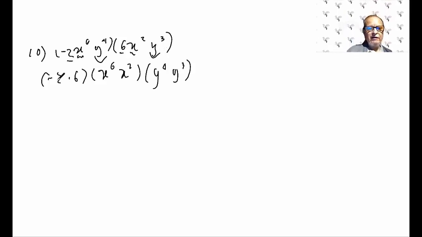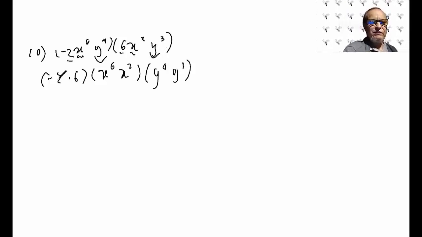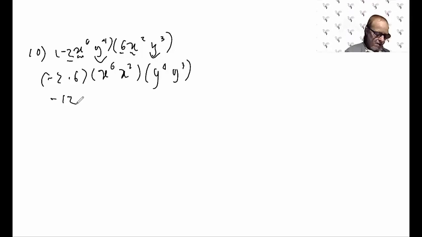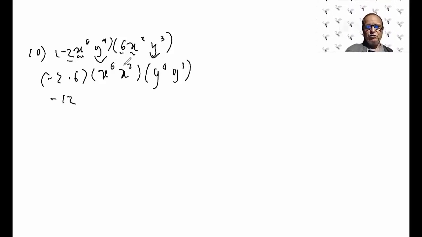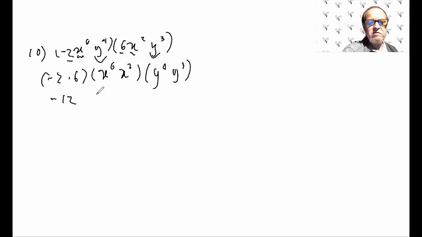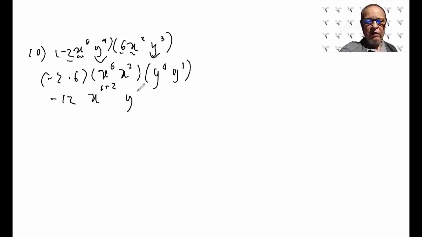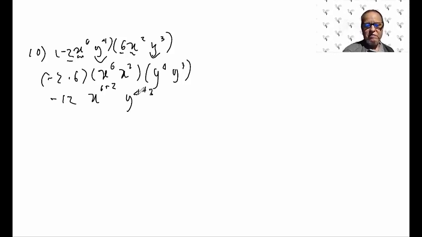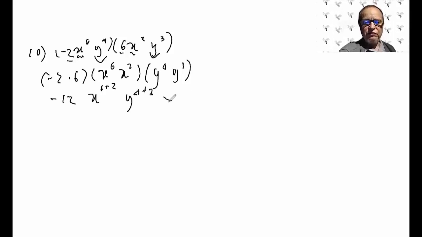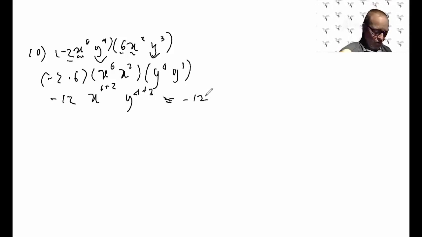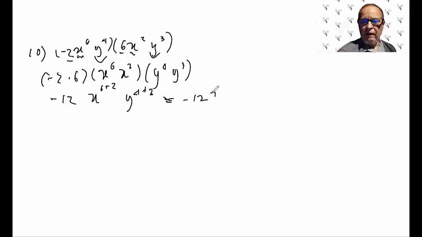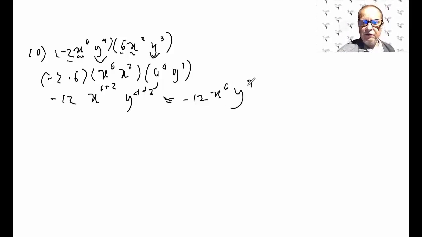So I see that negative 2 times 6 is negative 12. And then I use my exponential property for this, so I add them, 6 plus 2, and then my y, 4 plus 3, and that's going to be equal to negative 12 x to the 6th, y to the 7th.